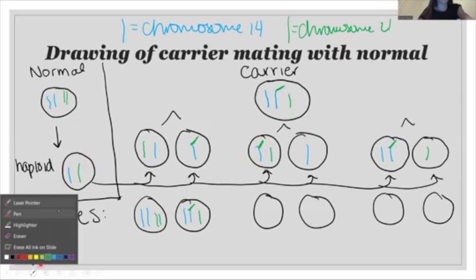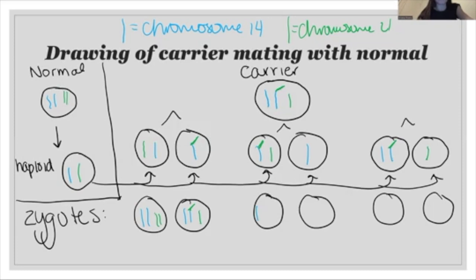So if I draw that out, I would have something that looks like that. And I'm going to keep going to the end. So in this next one, I would have a blue and a green combining with a blue. So I'd have 2 blues and 1 green. In the next one, I would have a blue, a green, a blue, and that Robertsonian translocation.